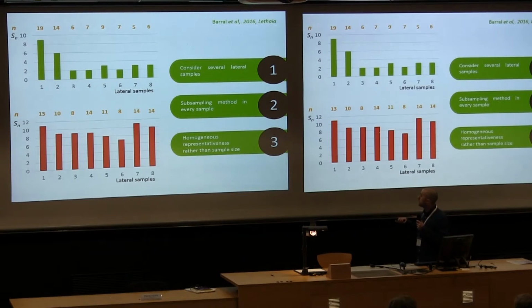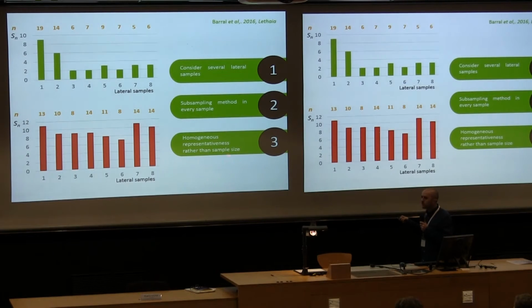So all this means that when dealing with fossil paleocommunities such as plants that are potentially heterogeneous, it is needed to consider several lateral samples to have a good view of the total diversity of the locality.